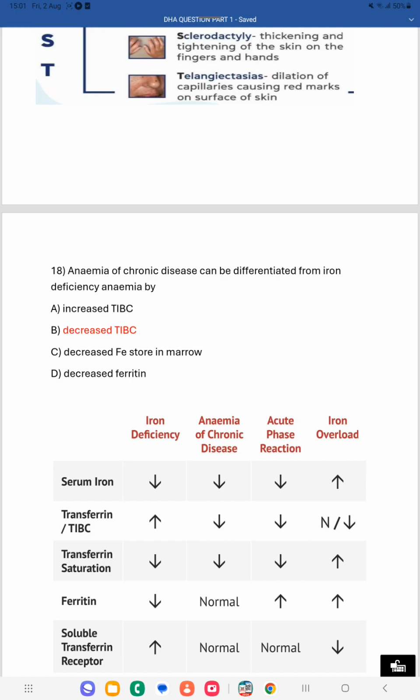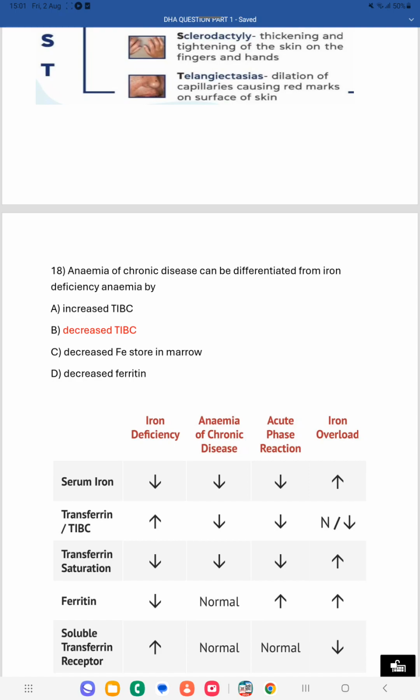The inflammatory response is mainly done by the macrophages. Immune system macrophages will be utilizing whatever iron is present in the body, especially in the blood circulation. So you will be getting decreased TIBC.